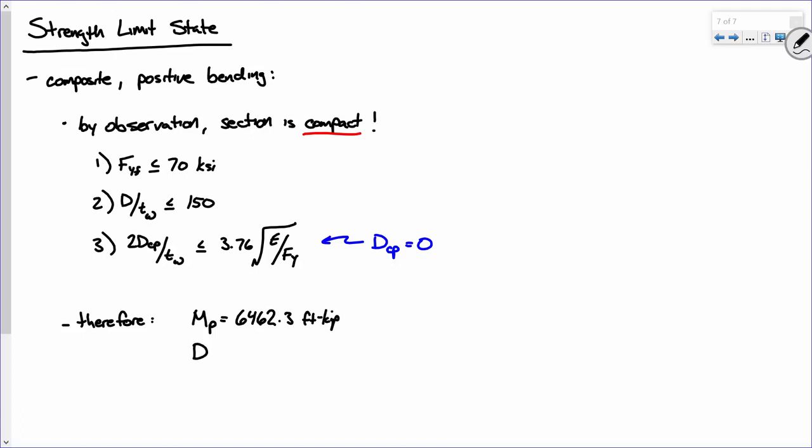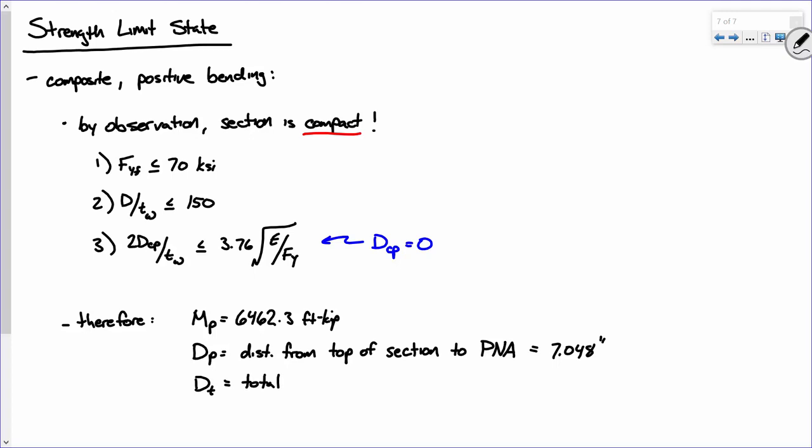We need DP, which is the distance from top of section, getting ahead of myself, to the P&A, which is 7.048, and then DT is total depth, which I trust you all can do, and that comes out to be about 53.25 inches. Sound good? Okay, so here's how this works.